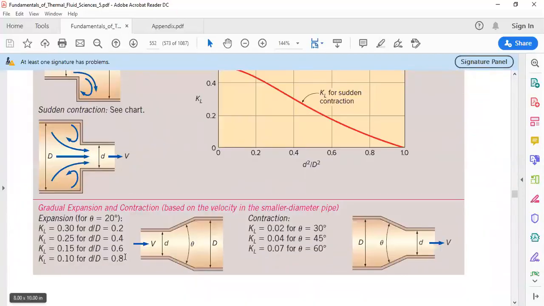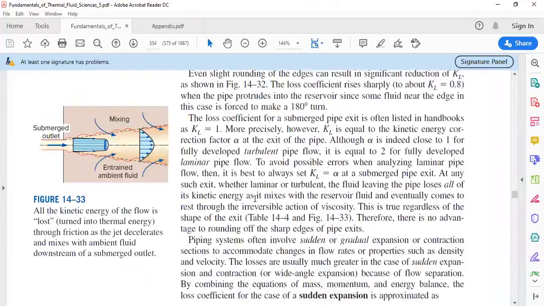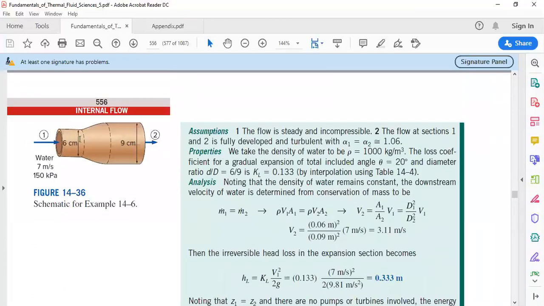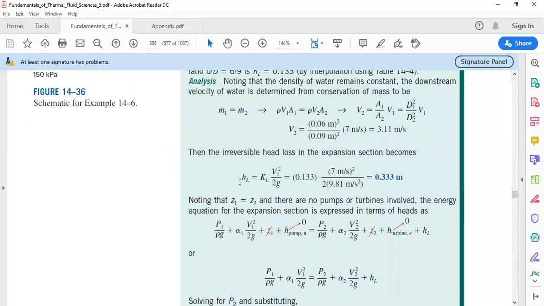So let's go back here. 0.67 is between 0.6 and 0.8, so we interpolate between 0.1 and 0.15, and the value of the loss coefficient is found to be 0.133. Okay, so now we have the head loss.